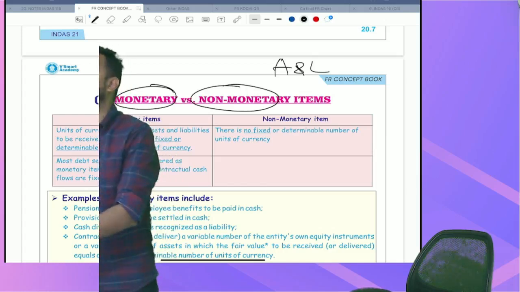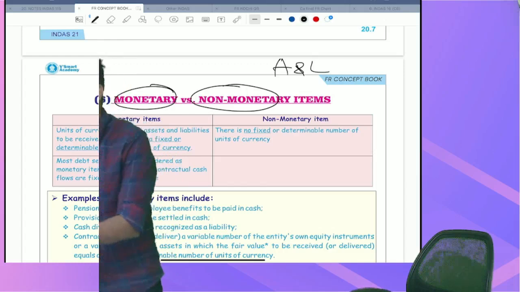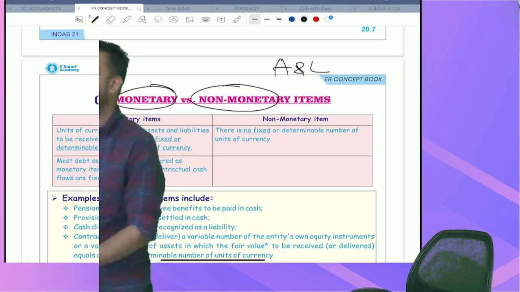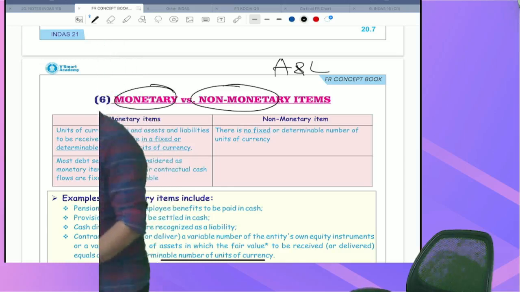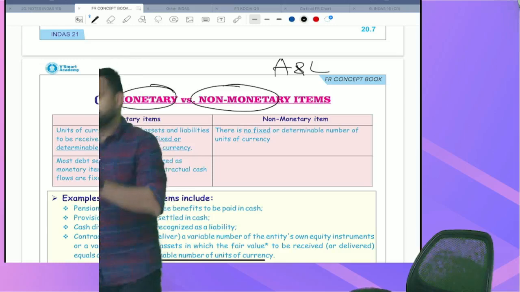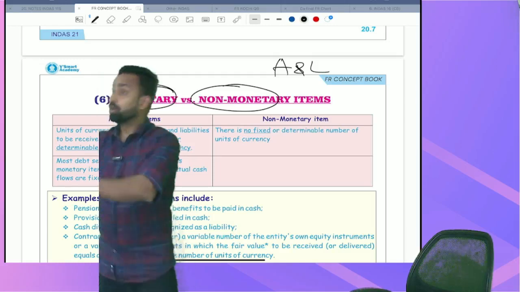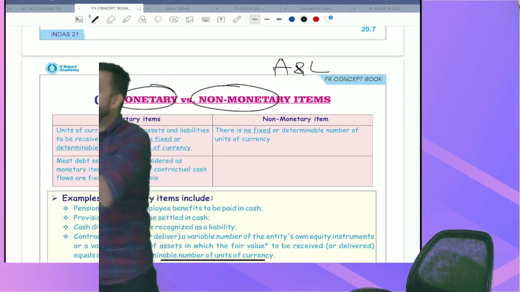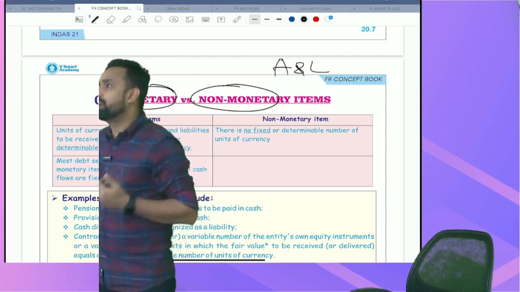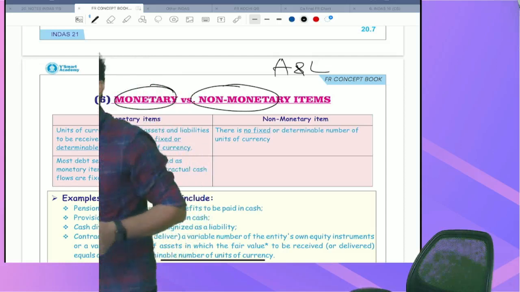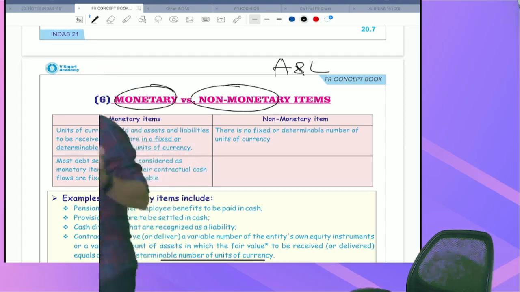Now tell me. Debtor. It's a monetary asset. Now, foreign debtor. It's a foreign monetary asset. Just use the word foreign. Are you guys understanding or not? Debtor is monetary. Foreign debtor is receivable in foreign currency, na? But the foreign currency amount is also fixed. The debtor will give me only $10,000.